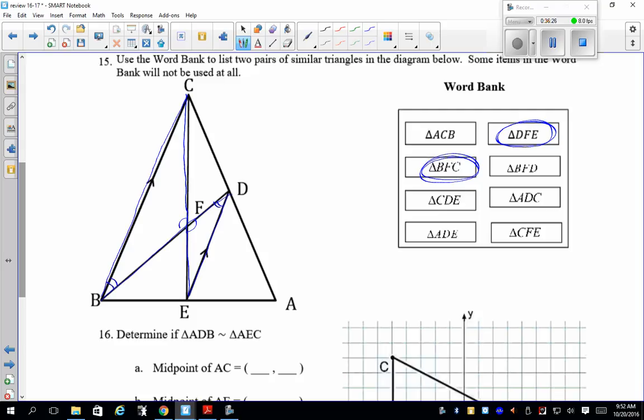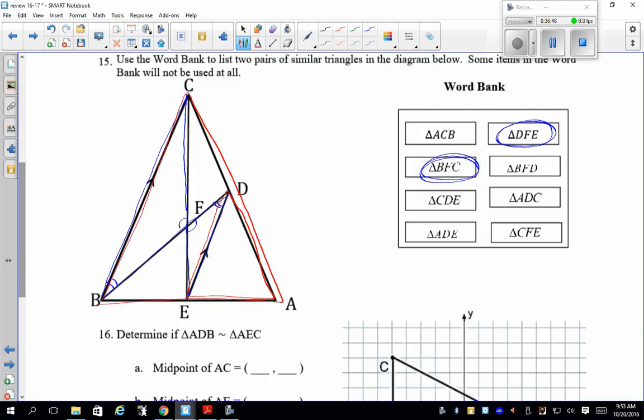Okay, and now I'm going to look for another pair of triangles. The other pair is also going to use the parallel lines. Another triangle that uses the parallel line as one of its sides is right here. And the big triangle then is going to be the whole picture.